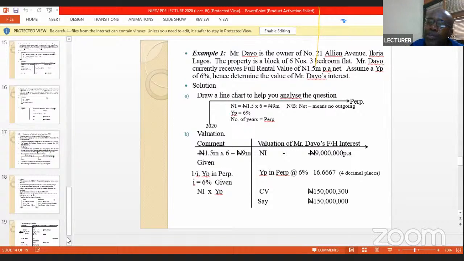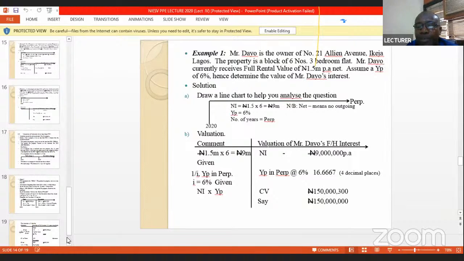For you to be able to do your valuation well, I always advise that you do an analysis. I taught my students to do the analysis in a line chart, what I call the line chart. If you look at that line chart, you will see that the interest started in 2020 and runs in perpetuity.